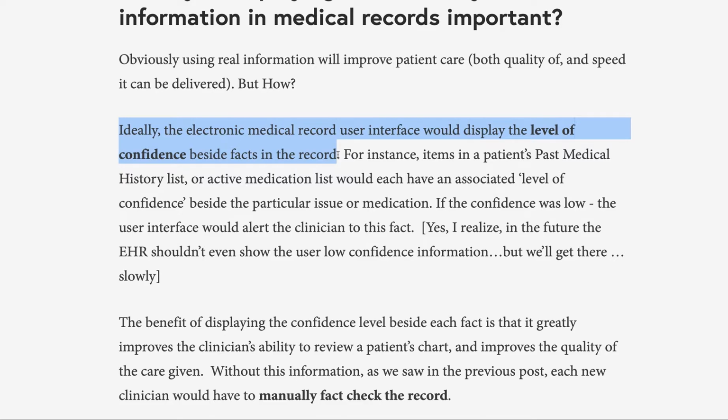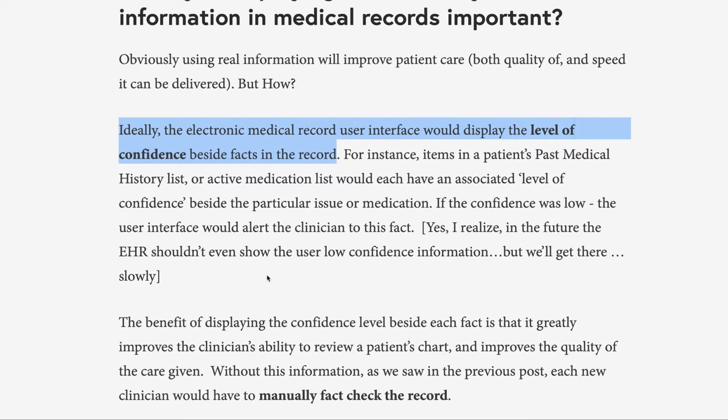If the confidence was low, the user interface would alert the clinician, and then they would improve the quality of that fact. Now, of course, I realize that ideally in the future, the medical records shouldn't be showing low quality data. It should only show high quality data, but eventually we'll get there.